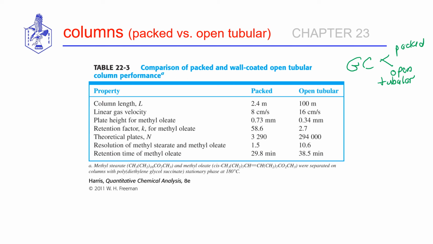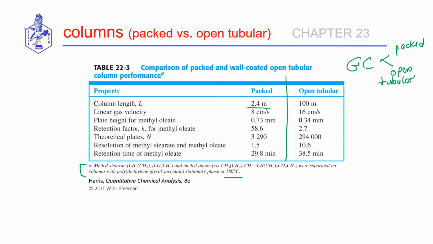So what you're looking at is a comparison of separation of specific molecules by GC carried out at a constant temperature. And how do these two columns perform, the packed versus the open tubular, with regard to a number of parameters? So first of all, the length of the column. If we're doing a packed column, in this particular application, the length of the column is 2.4 meters.